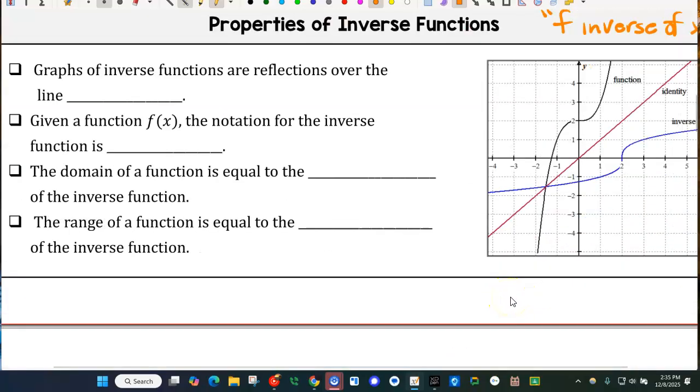All right. So we saw this before a little bit last week, that these will reflect over the diagonal. So if we graph the function and its inverse, there's a reflective geometric quality to it. So that's one way of doing it. You can see that these are both the same distance from the line of reflection.